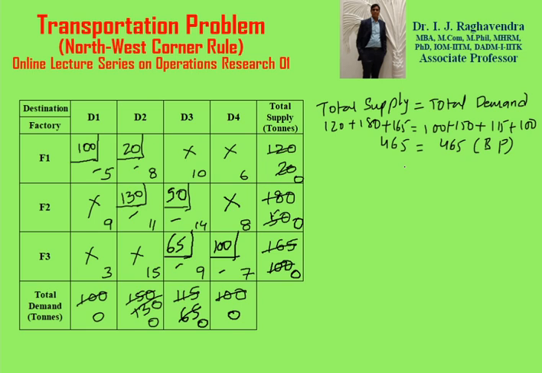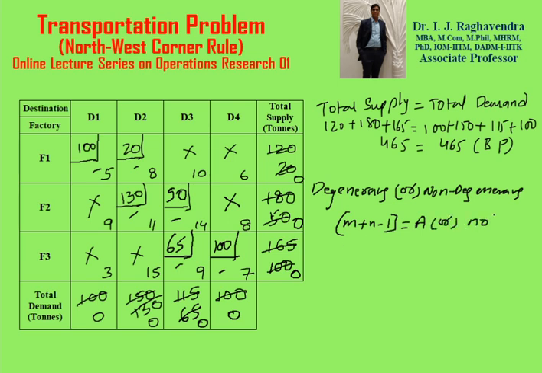After completion of this, again we need to check whether it is a degeneracy or non-degeneracy problem. By using this formula, m plus n minus 1 is equal to the number of allotments, or not.